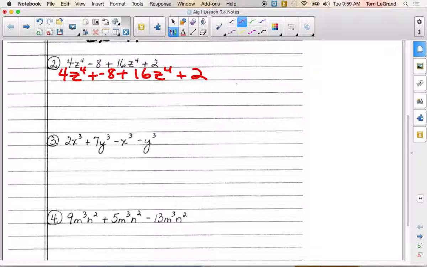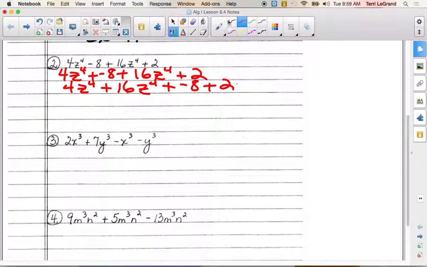Starts with a C. Commutative property of addition allows us to add in any order we want. So we're going to switch it up so that we are, in standard form, would the z to the fourths come first or the constants? Z to the 4th. The z to the fourths. Okay, so let's write down that we're going to bring the z to the fourths to the beginning of our polynomial and the constants behind them.